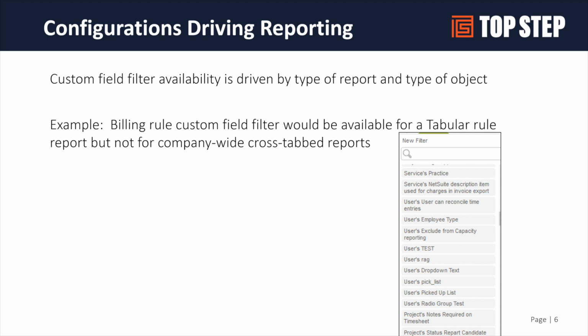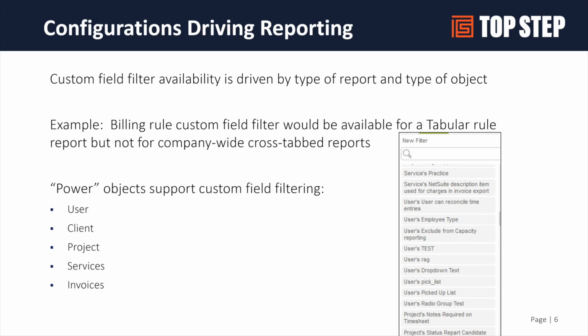But billing rule custom fields are not generally available in all reports. So generally, you're only going to get those in a tabular report, but you're not going to get those in a crosstab. And it's a little strange because billing rules are a key component of OpenAir, but there are some limitations in the billing rule object. It's not what I would consider, quote unquote, a power object.